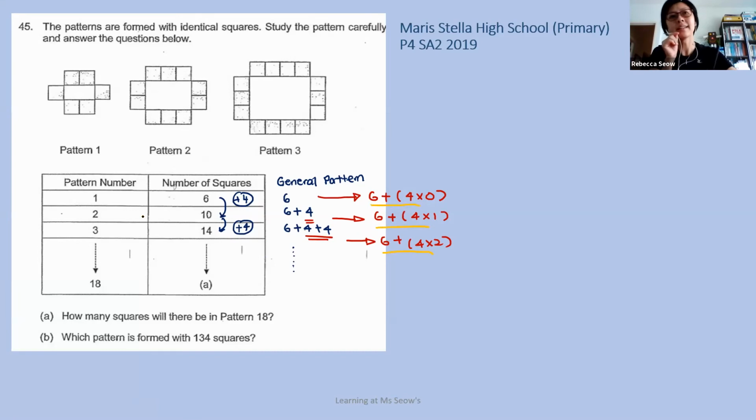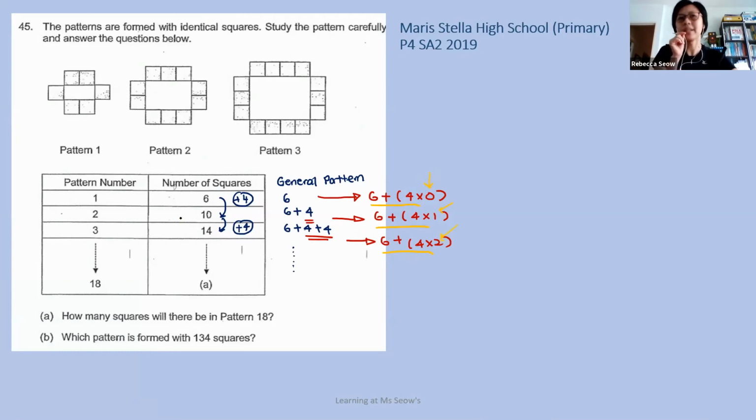Other than that, if you were to look at the last number that changes all the time, now you have the last number as 0 in pattern number 1, the last number as 1 in pattern number 2, the last number as 2 in pattern number 3.